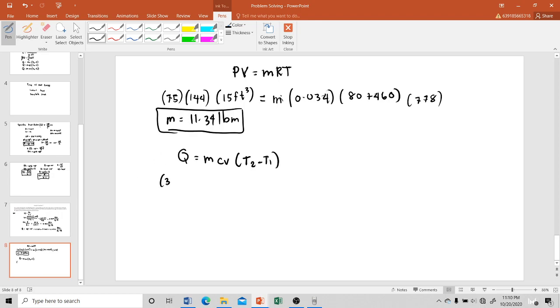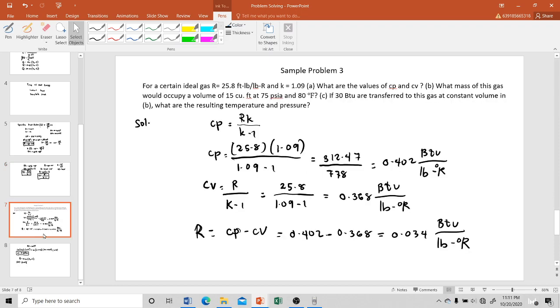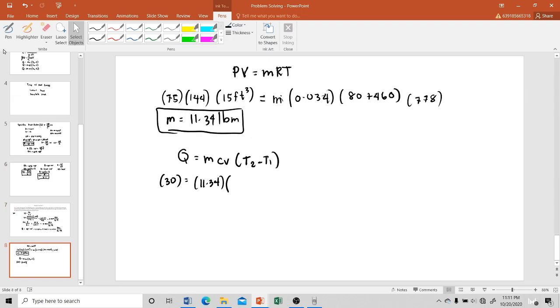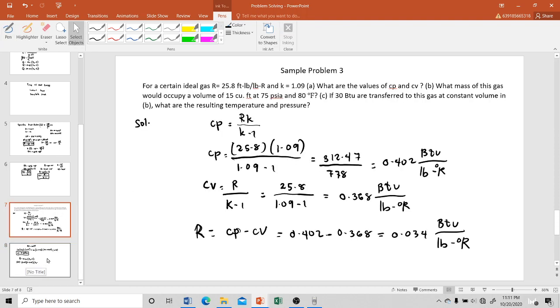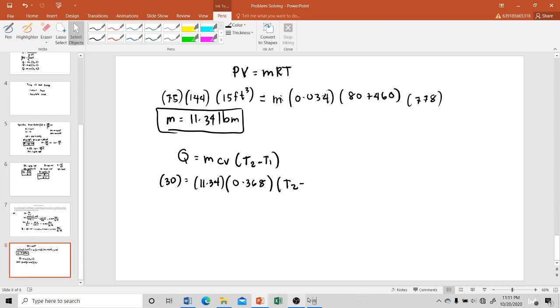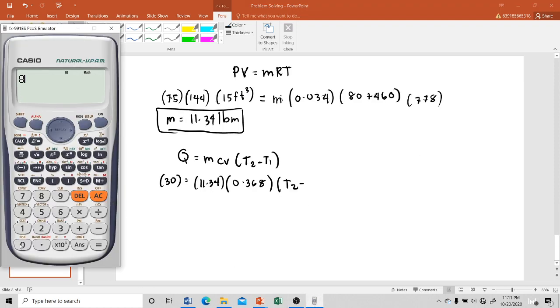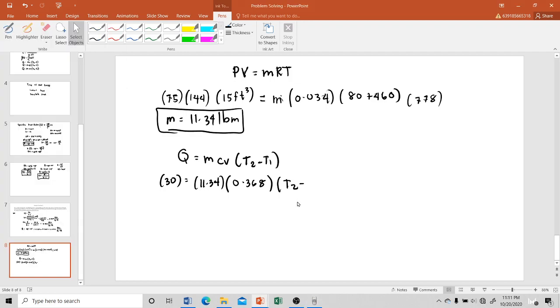We have 30 BTU for Q, m is 11.34, and Cv is equal to 0.368 BTU per pound Rankine. And temperature 2 minus temperature 1, where T1 is 80 plus 460 in terms of absolute temperature. So 540.